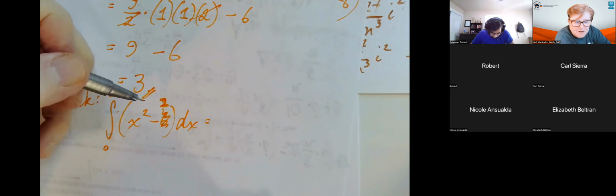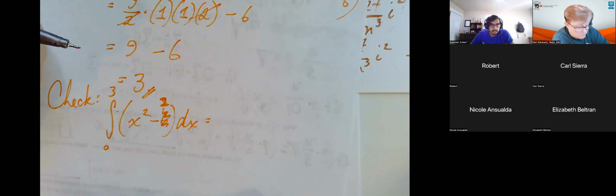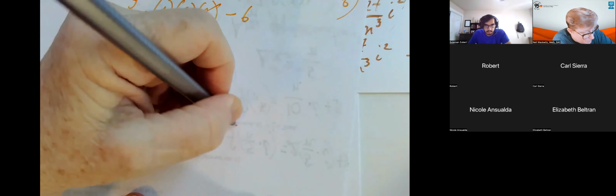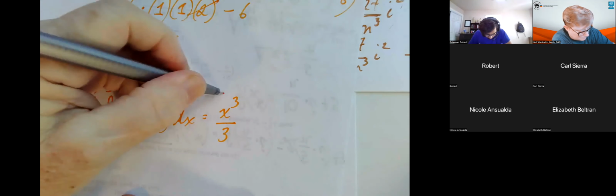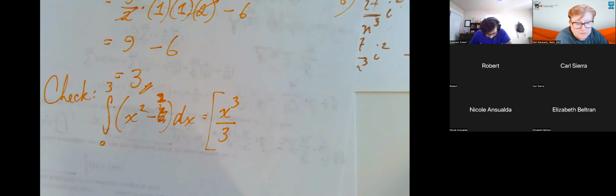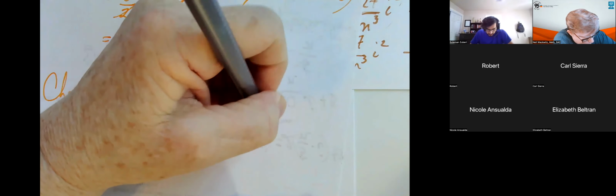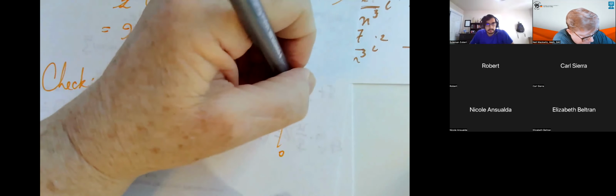Okay, so what is the integral of x squared dx? It's x cubed over 3. Good, and what is the integral of 2 dx? 2x. And we're evaluating this between 0 and 3.